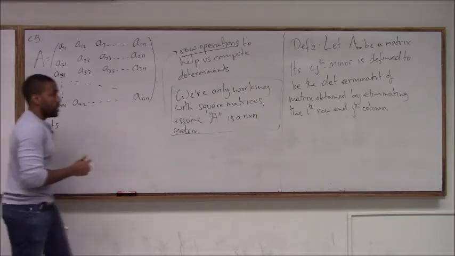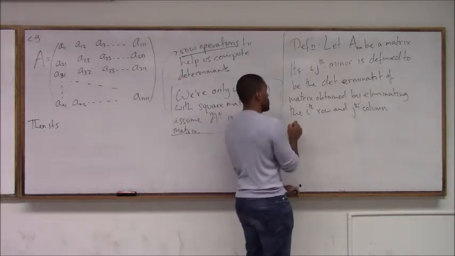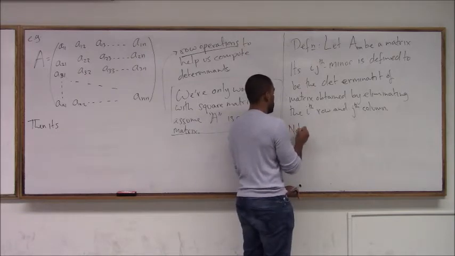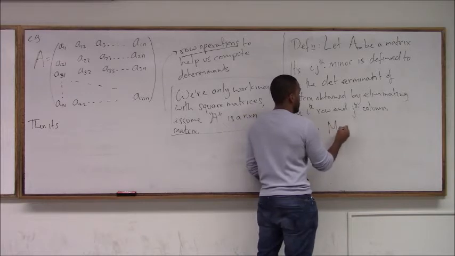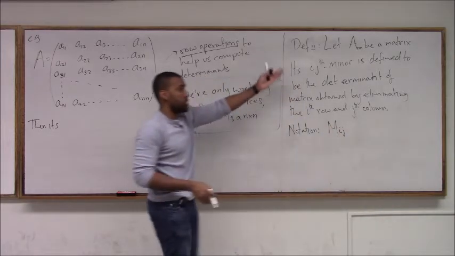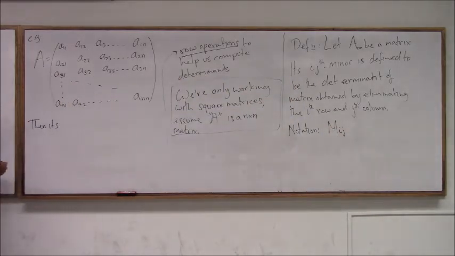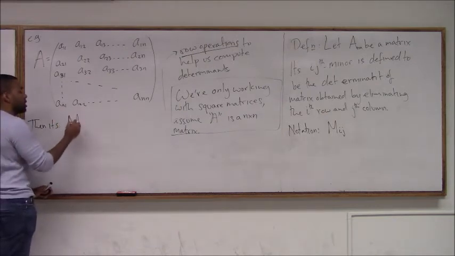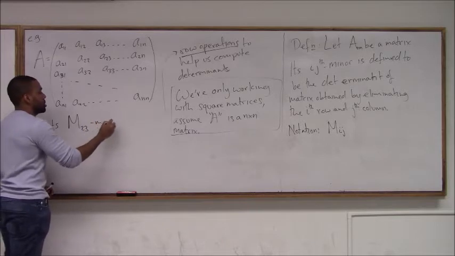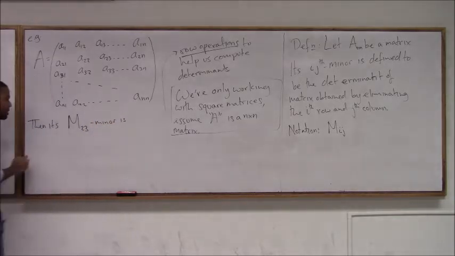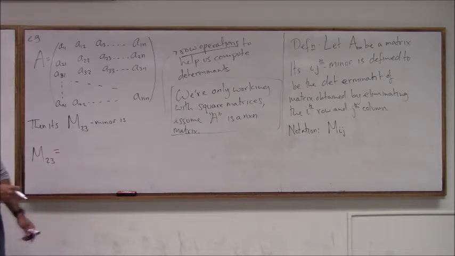I'm going to define, let me give you some notation. The notation is Mij. So the ijth minor, we will call it Mij. So the 2-3 minor is... does anyone think they can read the definition to what the 2-3 minor is?